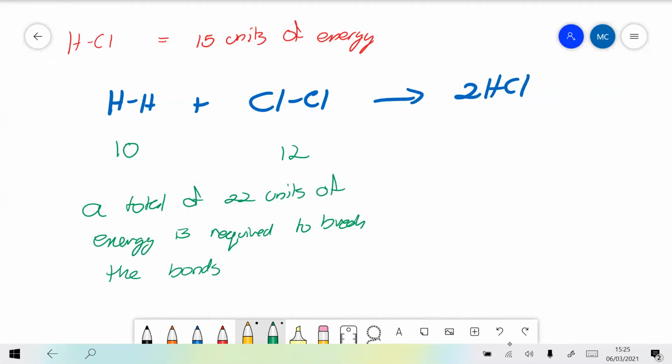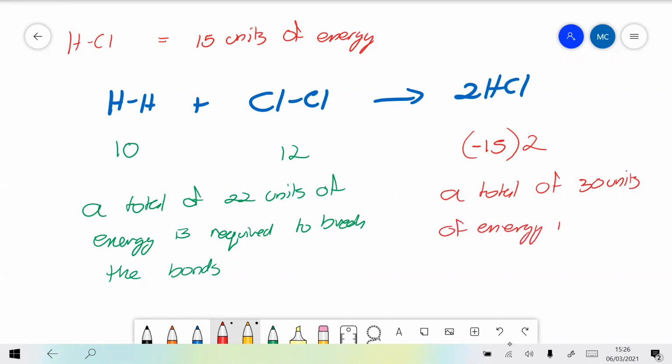On the other hand, I am releasing 15 units of energy for every mole, for every HCl bond made, and I'm making 2 HCl bonds. So this will be a total of 30 units of energy released when making the bonds.